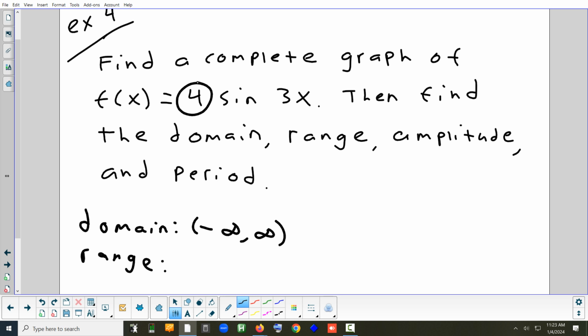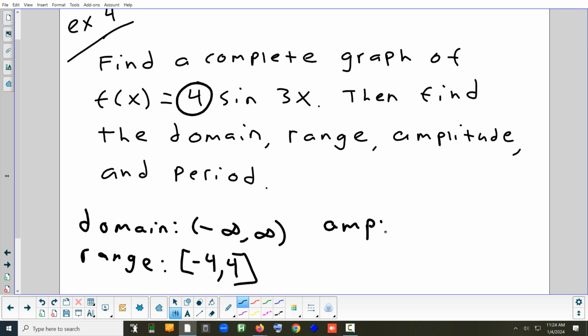So if the range was -1 to 1 and you stretch it 4 times as much, what would it be? -4 to 4. Yep. So the only thing that can affect the range is if you do a vertical stretch or if you do a vertical shift. Okay. But there was no vertical shift in this problem. All right, so we got the domain, we've got the range.